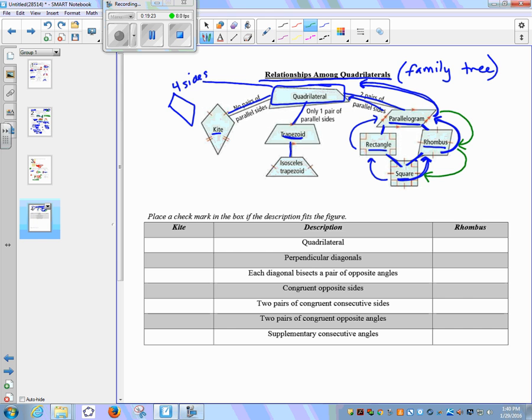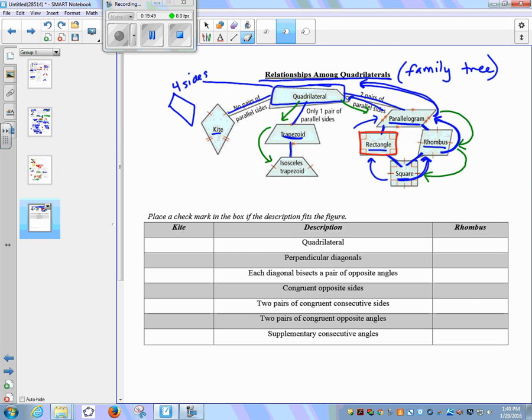A quadrilateral is sometimes a parallelogram, not always, because sometimes it's a trapezoid. So if you're going down, a trapezoid is sometimes an isosceles trapezoid. The never would come in. A rectangle is never a trapezoid, right? Never. You can't go between branches like that. That would be the never.